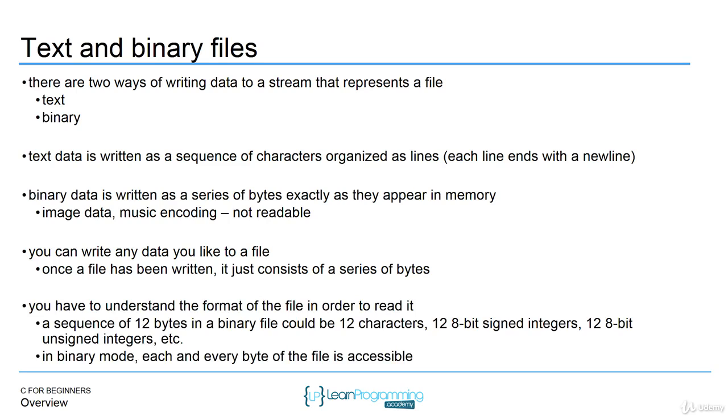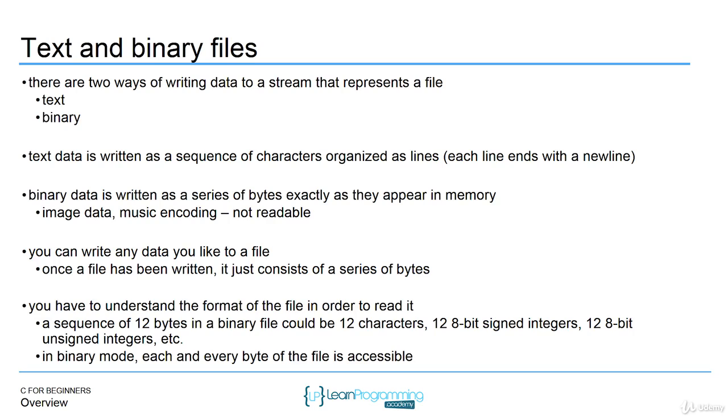You can view text files in an editor, which makes them more readable. You have to understand the format of the file in order to read it. This is what I mentioned about running on DOS, Windows, or Linux, where Windows may have extra characters when it writes data. A sequence of 12 bytes in a binary file could be 12 characters, 12 8-bit signed integers, or 12 8-bit unsigned integers.